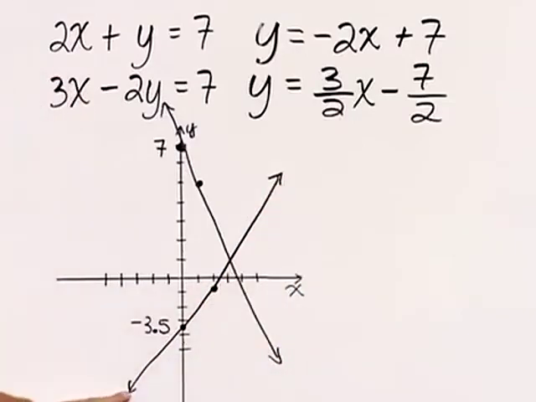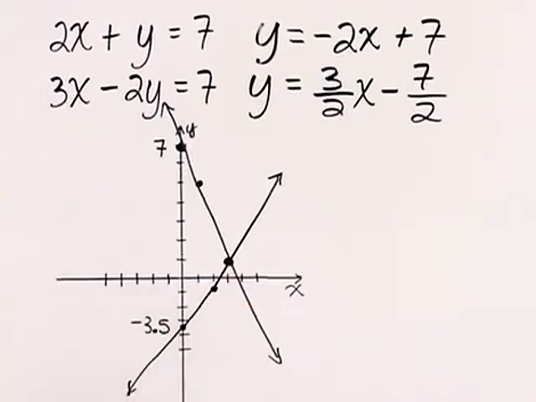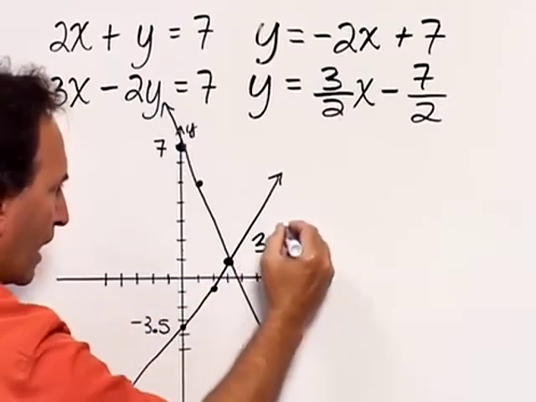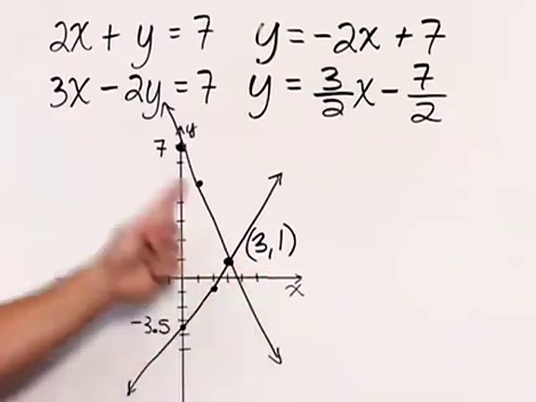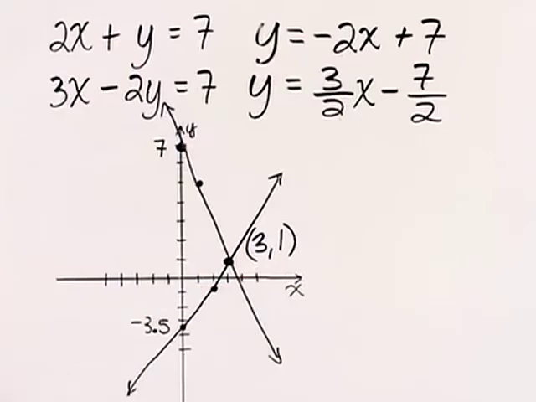and we of course now look for where they intersect. And where they intersect is right at this point here, and that point is 3, 1. So our solution to this system of equations is 3, 1. This system is consistent. We get an answer.